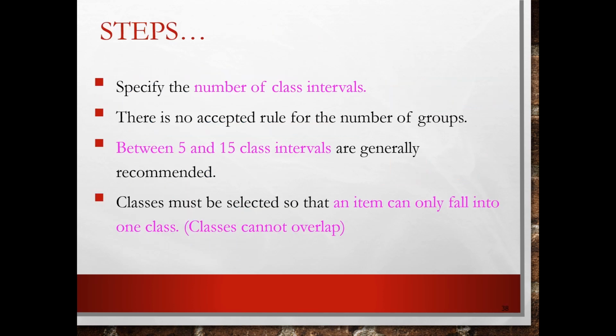So these are roughly the steps in creating a frequency distribution, starting with deciding the number of classes, usually between 5 to 15 classes, but these are also not fixed rules. But we have to be careful that we don't create classes in a way that they overlap, right? So one observation will fall into exactly one class.